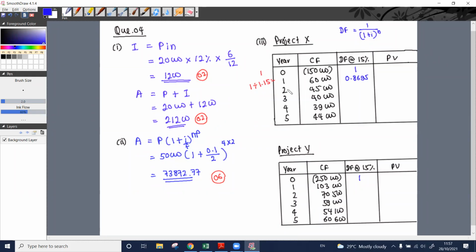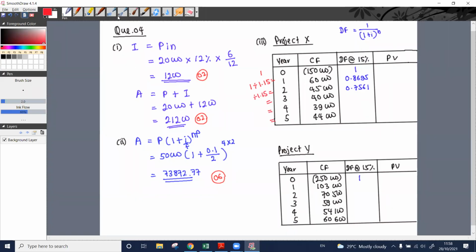Then if you need the second year discount factor at this given rate, you need to divide the answer again by 1.15 and press equal. Then you will get the discount factor as 0.7561. Then to take the rest of the years, you just simply need to press the equal sign. Right? Press the equal sign, you will get the answers.